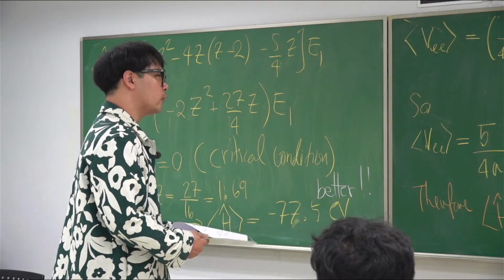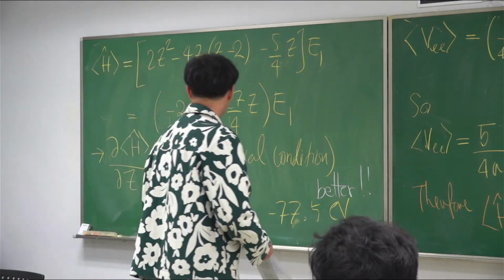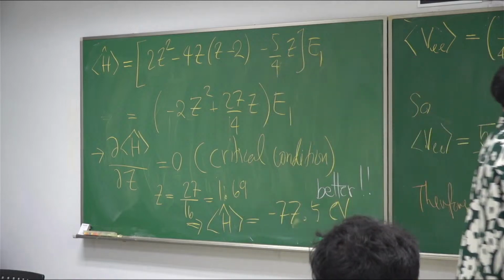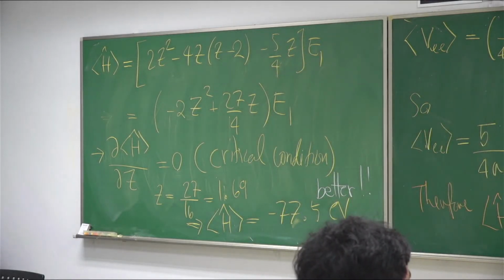So I will give you more questions to practice. I'm not sure yet. Let me think that in the homework I should give you a system and then you could guess the wave function yourself, or I could give you a trial wave function and then you can use that to compute the energy of the system. Let me think about that.